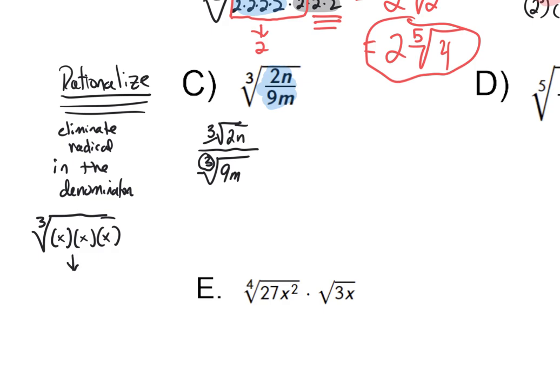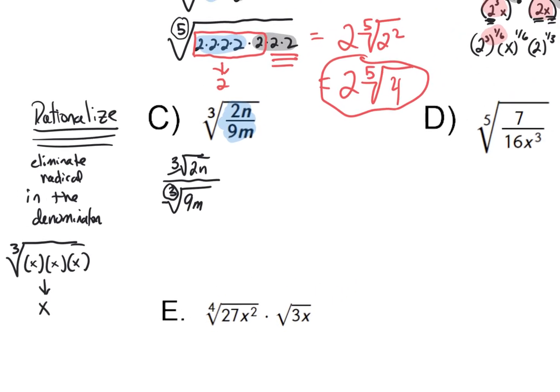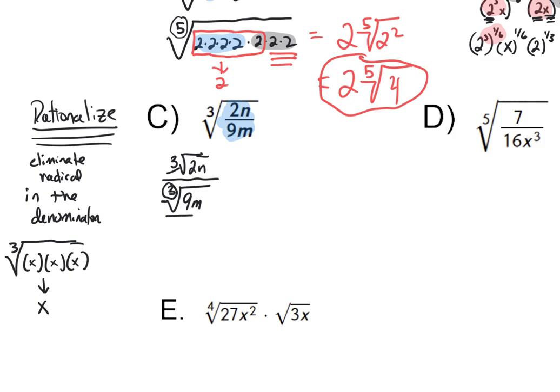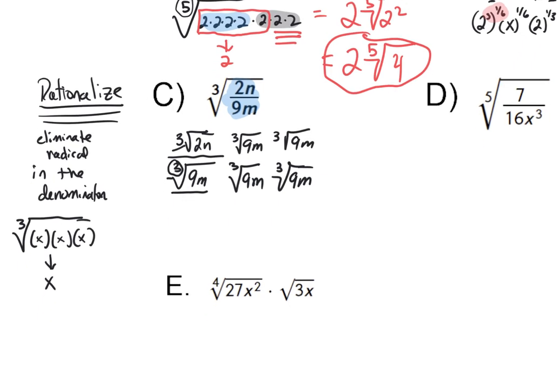That just turns into x. So if I'm going to eliminate this cube root of 9m, I'm going to need to have 2 more cube roots of 9m. So I'm going to multiply the top and bottom by 2 more cube roots of 9m.